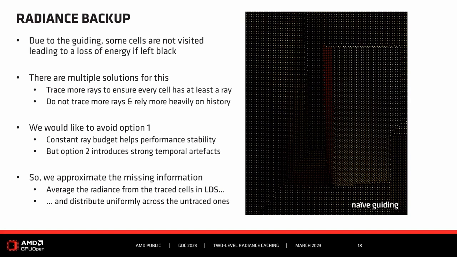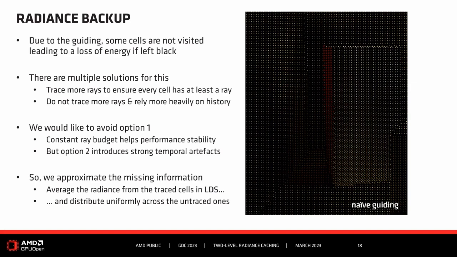So we'd like to avoid option 1 because constant ray budget helps performance, of course, but especially performance stability and predictability. But option 2 introduces strong temporal artifacts. We've tried it, and you get some kind of dark streaks across the screen in some cases.